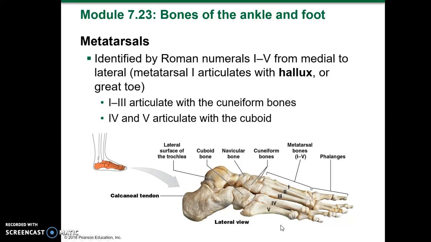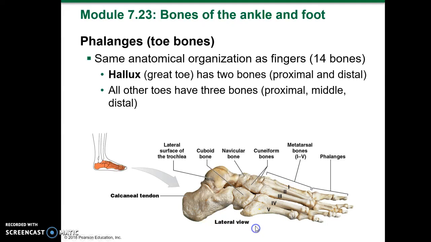Again, they're numbered like your carpals, your metacarpals, 1 through 5, from medial on the inside to lateral on the outside. So metatarsal 1 we call the hallux, that's your big toe or great toe. 1 through 3 articulate with the cuneiform bones, and 4 and 5 articulate with the cuboid bone.